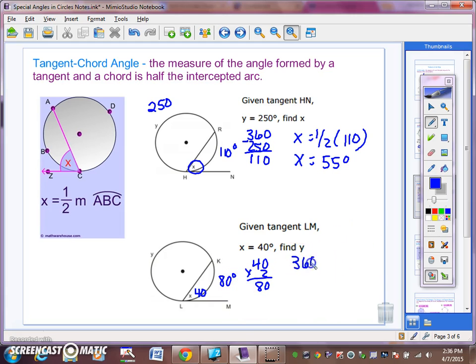And then we have 360 degrees all the way around the circle, minus the 80 degrees of the intercepted arc. Got to borrow. And we get 280 degrees. Okay, so my arc from K all the way around through Y to L, that's going to equal 280 degrees.